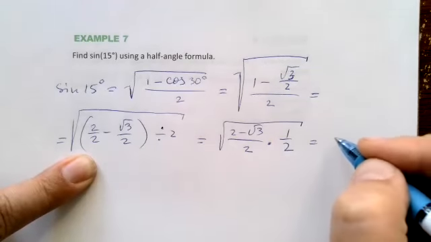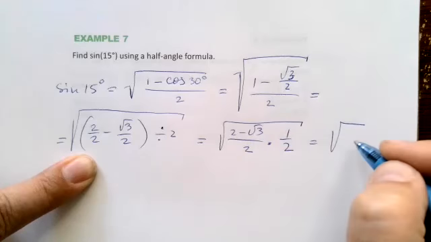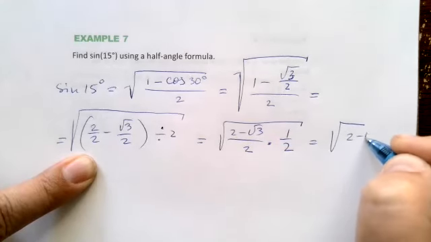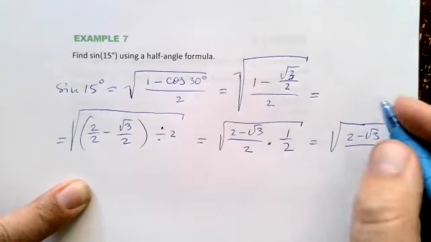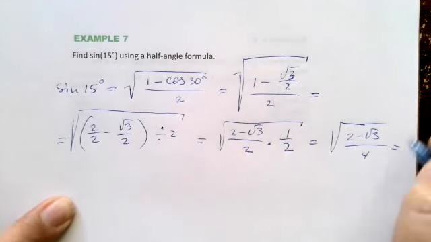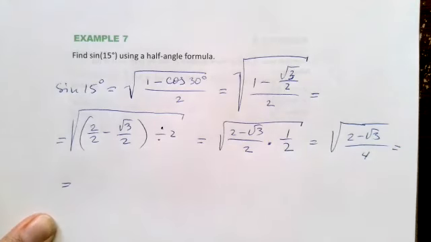So what we have is 1 multiplied by 2 minus root of 3. It's just going to be that. And here 2 times 2 is going to be 4. Now I can separate the roots.